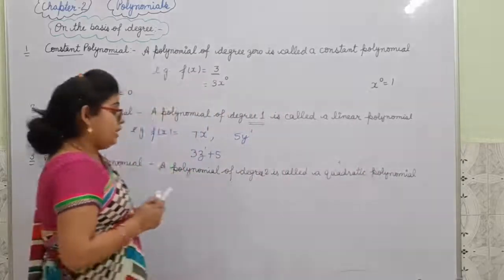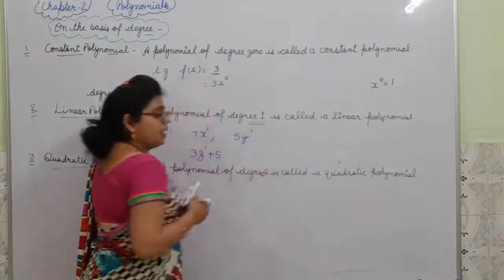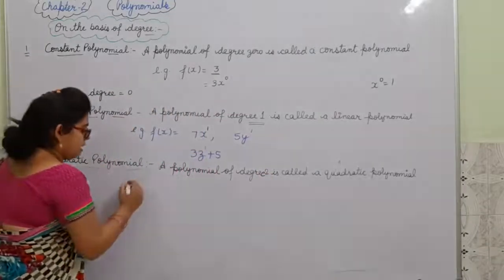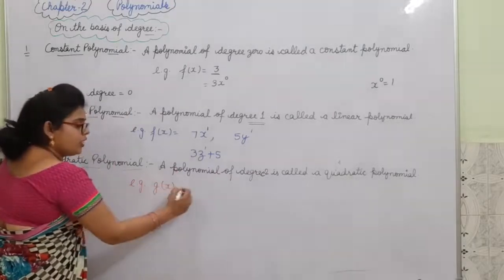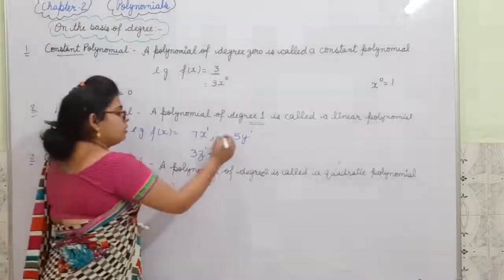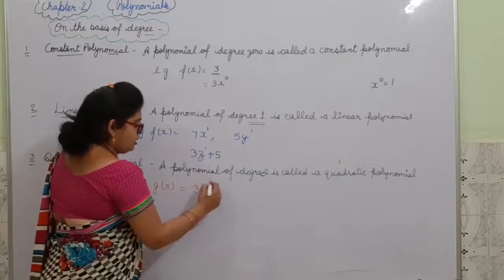If the degree of our polynomial is 2, then it is called a quadratic polynomial. Take an example, you can take any function. g of x is equal to 3x square.